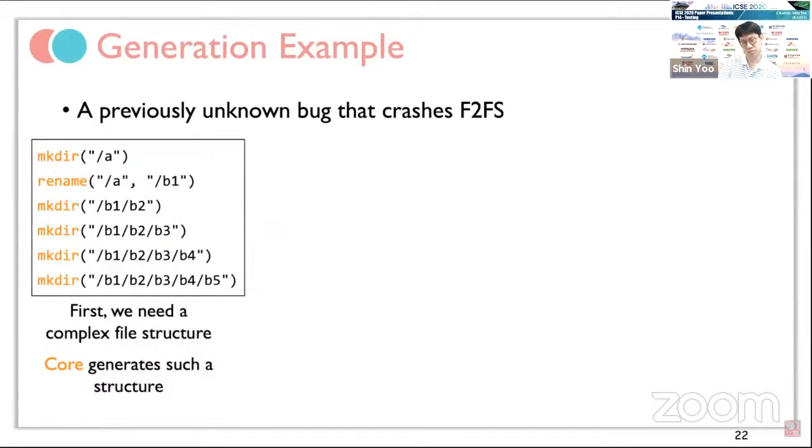Let's take an example to see the whole generation. This input crashes F2FS and can be generated by our layered model. First, we need a complex file structure. There is a directory with depth 5. In the core model, we generate many inputs resulting in diverse structures, so the core model is able to generate such a structure.